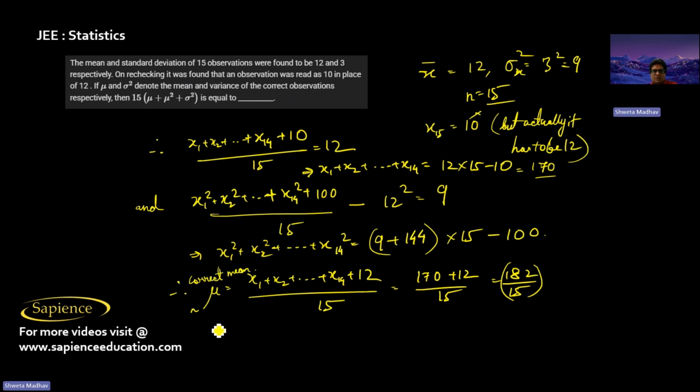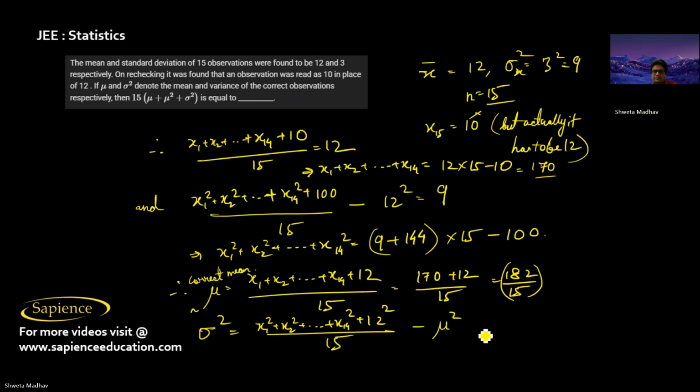Then the correct variance also we have to find. Sigma square, the correct variance, is x1 square plus x2 square plus dot dot till x14 square plus 12 square, 144, divided by 15, minus correct mean square. That we have to find out.